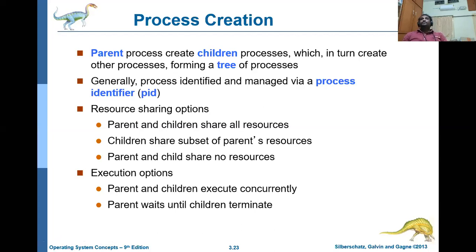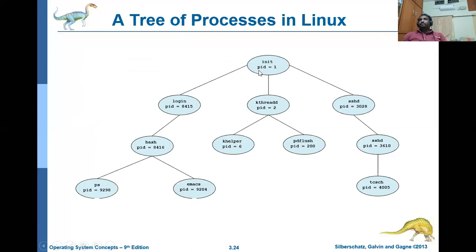So like this, we have a concept called parent process, for which we are creating a children process. A parent process creates a children process, which in turn creates other processes. The main process creates a sub-process. I'll show you a diagram here.